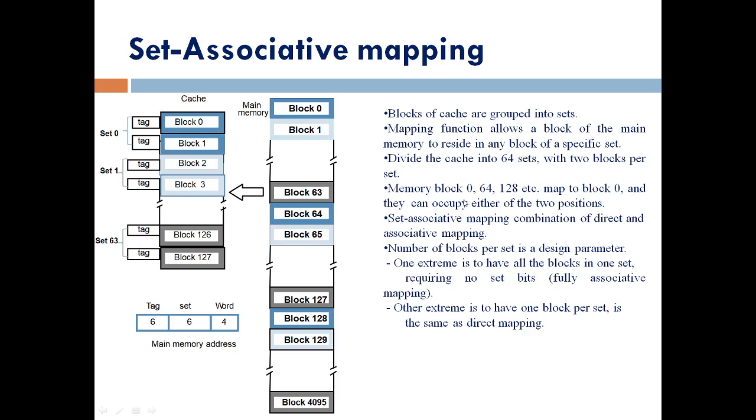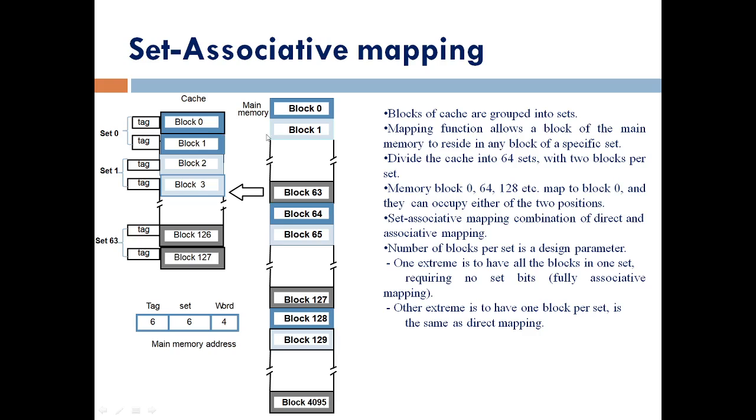Okay, so the set associative mapping is a combination of direct and associative mapping. Why direct mapping? Because block 0 and block 1 should go to set 0, so only this set 0 blocks. Okay, so that is nothing but direct mapping. But within this set, these two blocks can go to any block in the cache memory. As I said, block 0 can go to block 0 or block 1 line in the cache memory. So that is nothing but associative mapping.